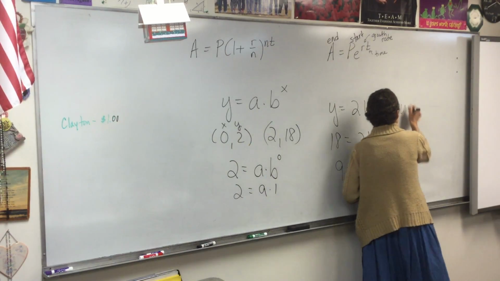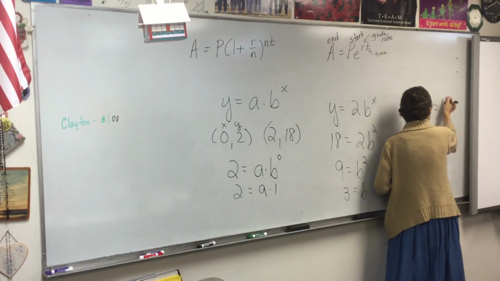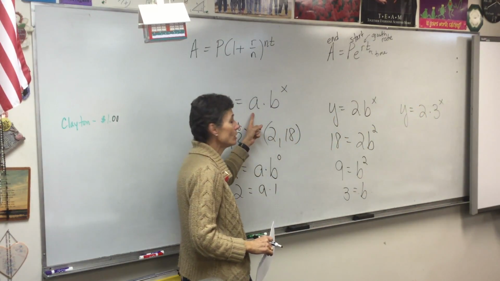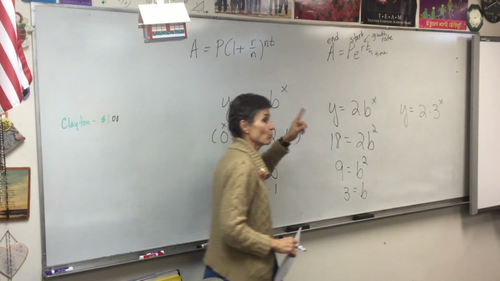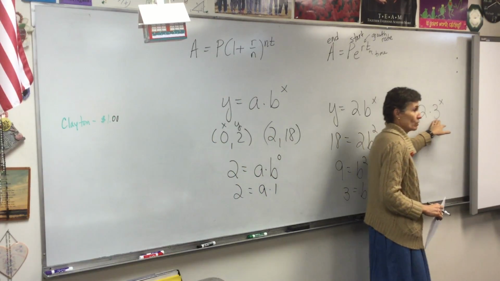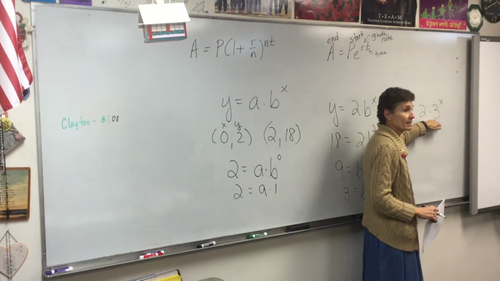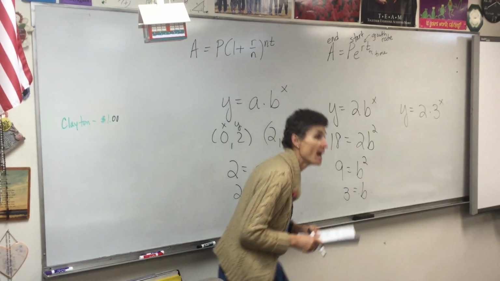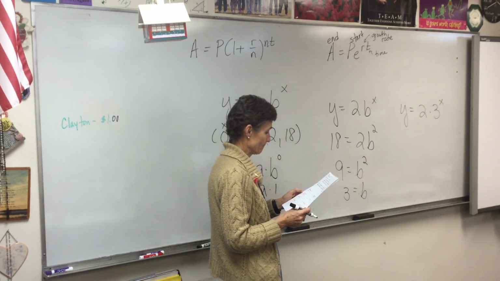Your answer is y equals 2 times 3 to the x, because A was 2 and B was 3. Remember, we are never, ever going to combine these. I'll say that again. We are never going to combine those.